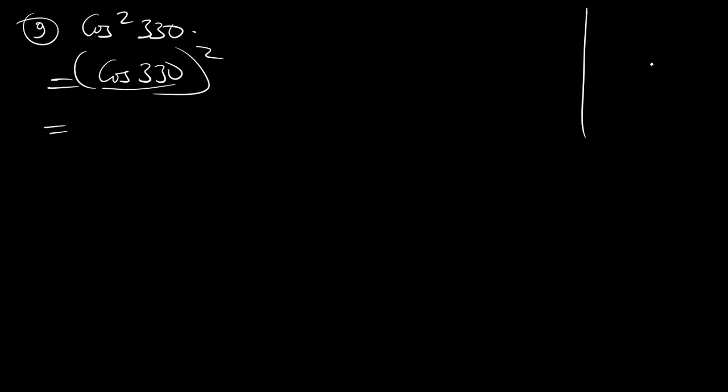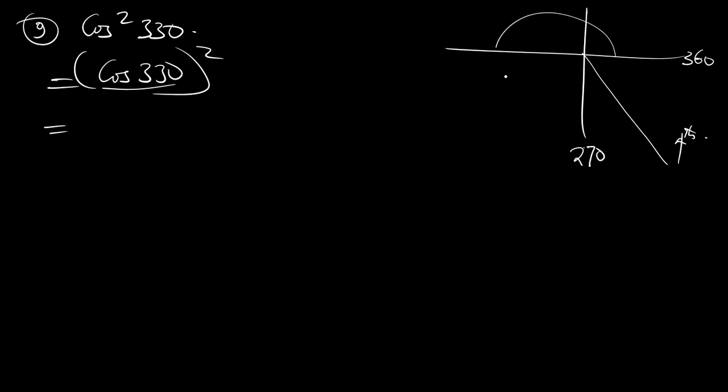When you look at the quadrant, 330 is more than 270 but less than 360. So it is on the fourth quadrant. For the fourth quadrant, what we use is 360 minus theta. So this value that is theta will be 30. So it's 30 that you subtract from 360 to give you 330.